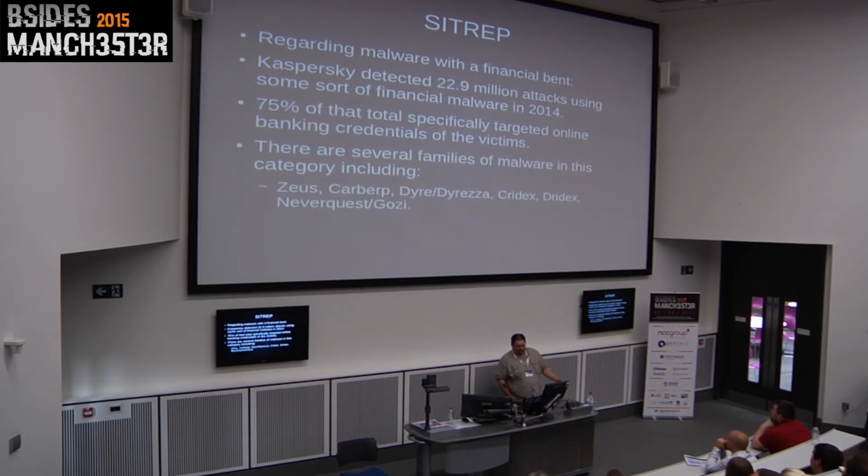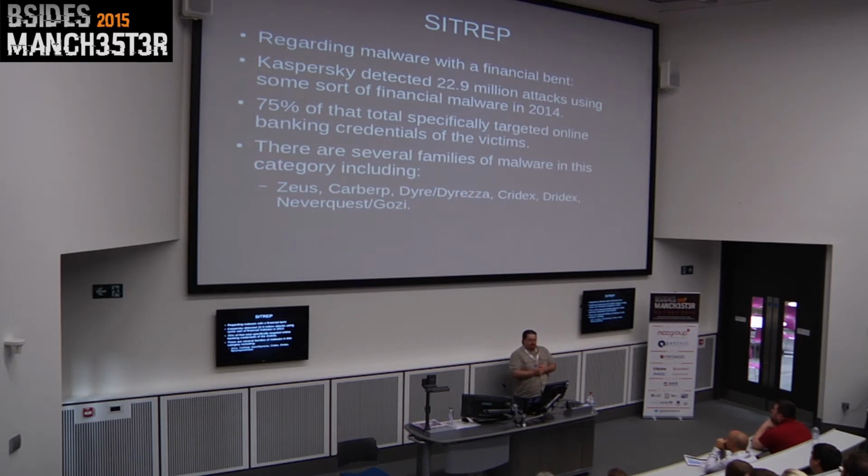The statistic that Kaspersky has thrown out for 2014 for all of their global operations: they detected 22.9 million attacks using some sort of financial method. Now, if you can believe it, that's actually a bit of a decrease from the year previous, which I don't really understand how they managed to do.